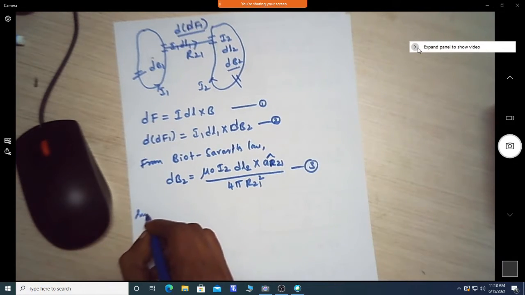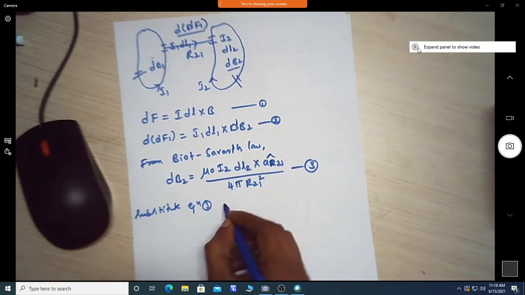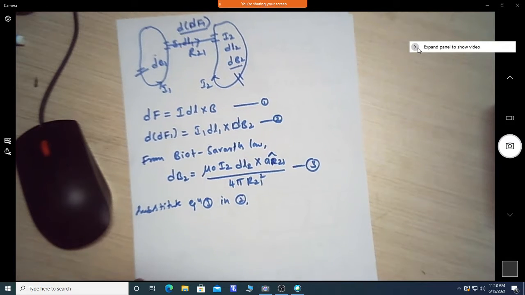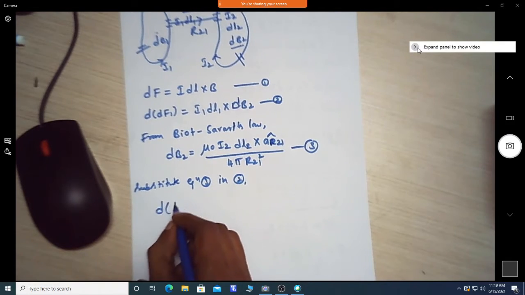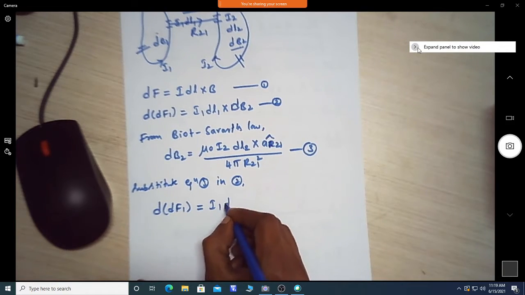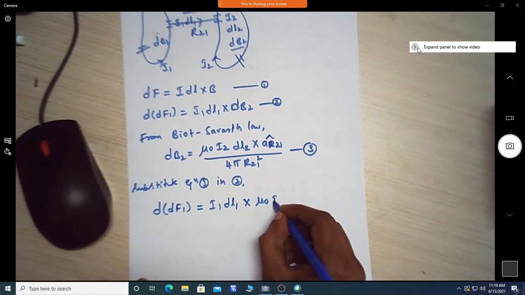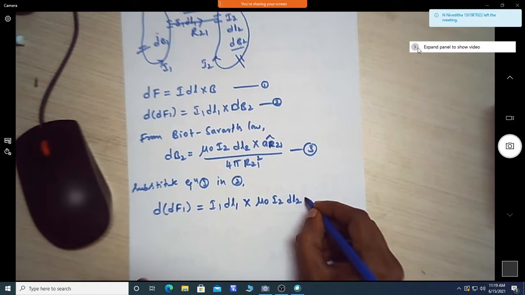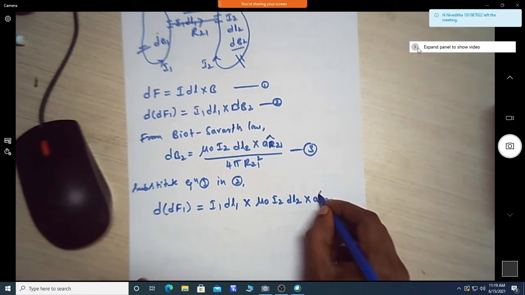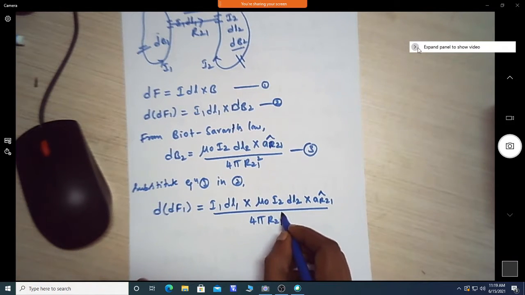Substituting equation 3 in 2, we get dF1 equal to I1 dl1 cross mu naught I2 dl2 cross aR21, divided by 4 pi R21 square.